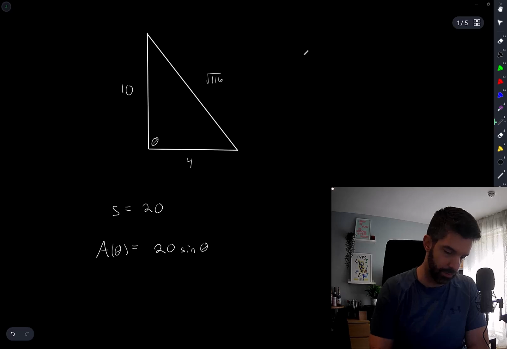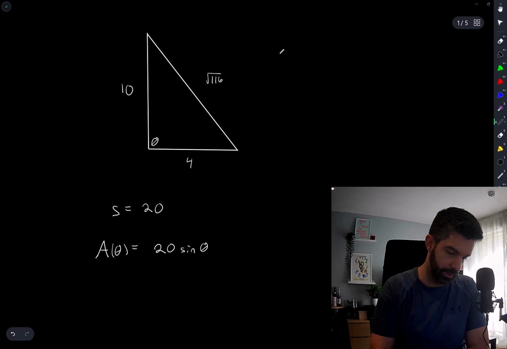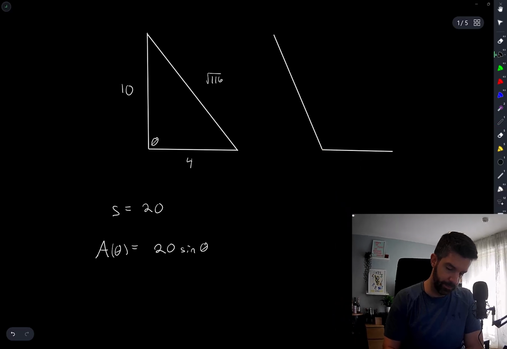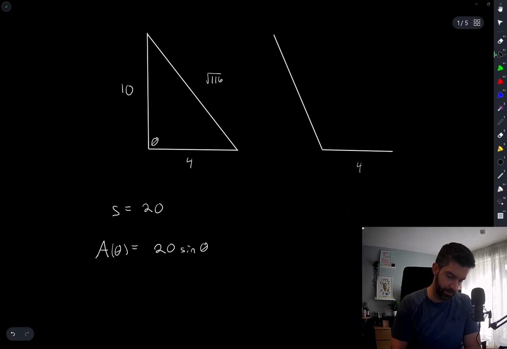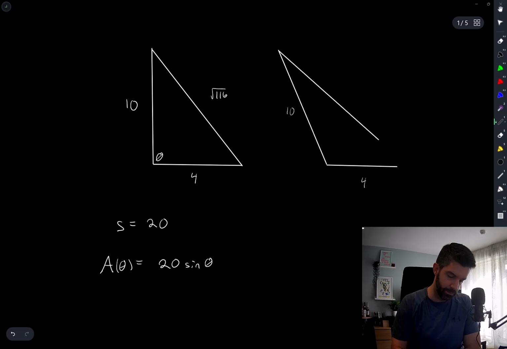Let's draw this triangle. If that's theta, the height of this is sine theta.